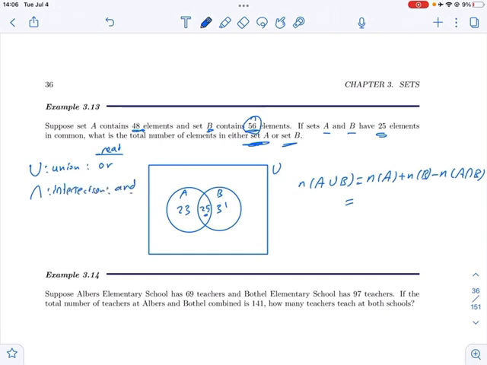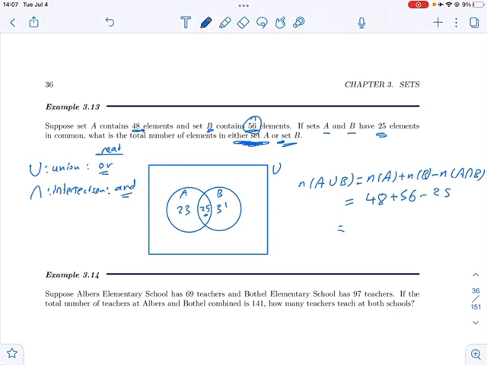So we have the keywords OR and AND, either A or B. That's why we used union, because it's the word OR. Good. So the number of elements of A is 48 plus the number of elements of B, 56, minus the intersection, 25.